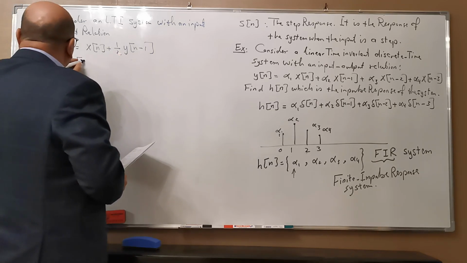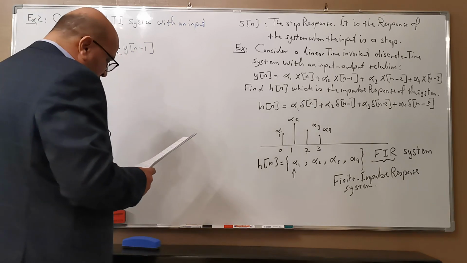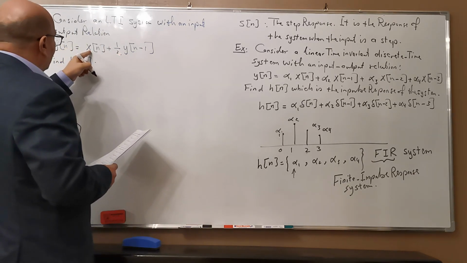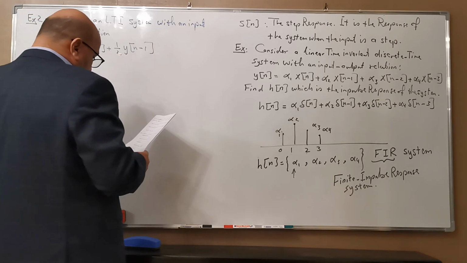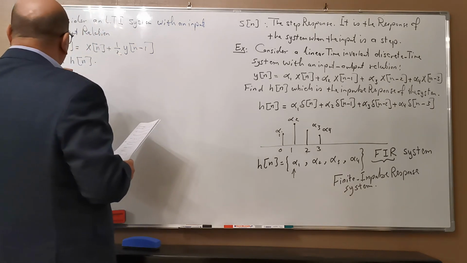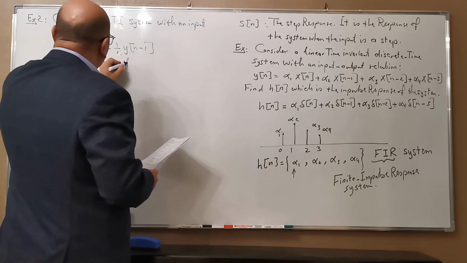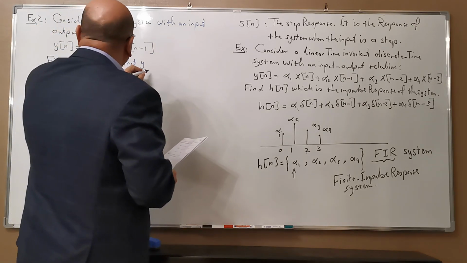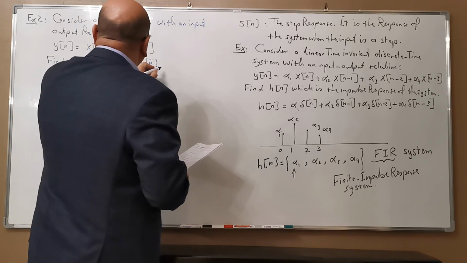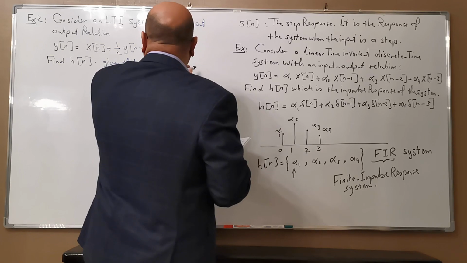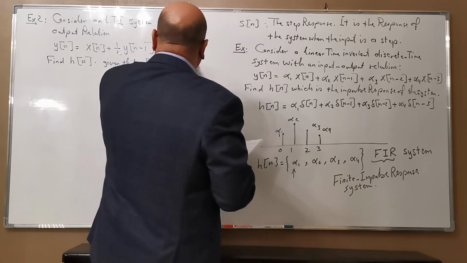Okay, find h of n. To find h of n, we have to substitute x of n to be a delta, given that y of n is equal to 0 for n less than 0.